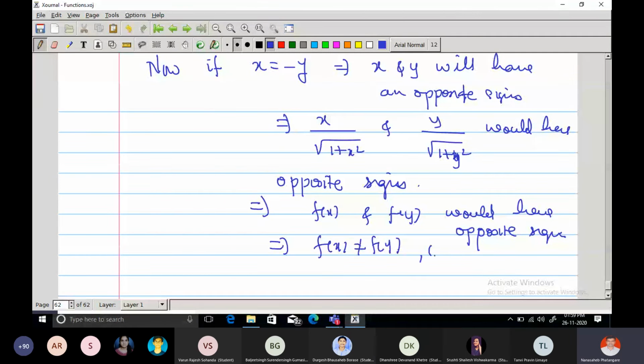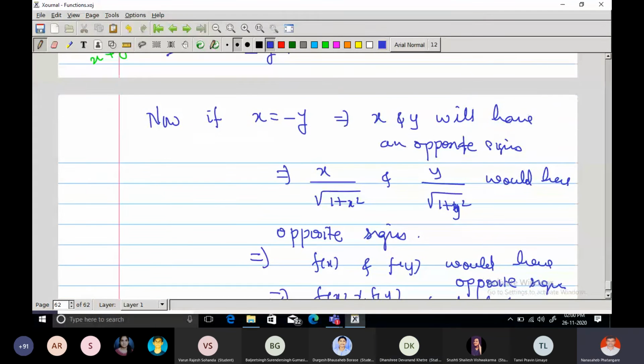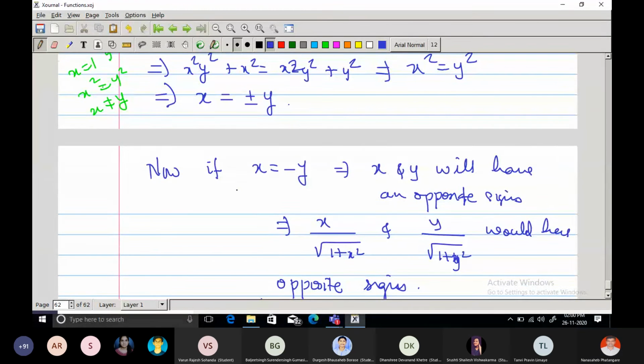Am I right? Yes. And therefore, why did I get a contradiction? Because if I assume that x is equal to minus y, then I get a contradiction, and therefore what is the only choice? x equals y. Therefore, x is equal to y is the only possibility. And hence, what is the conclusion?